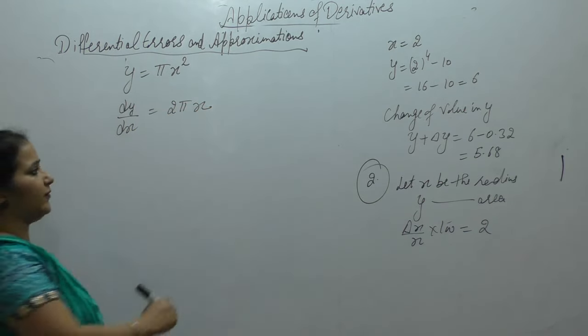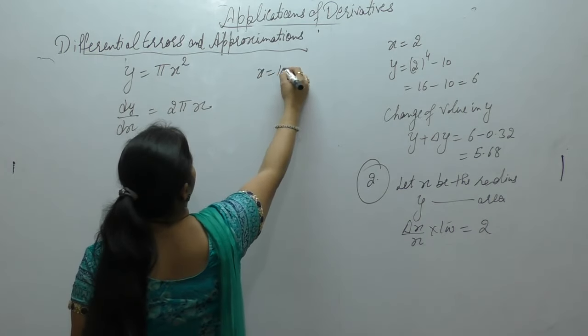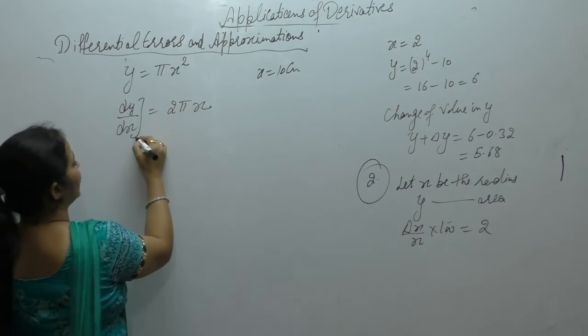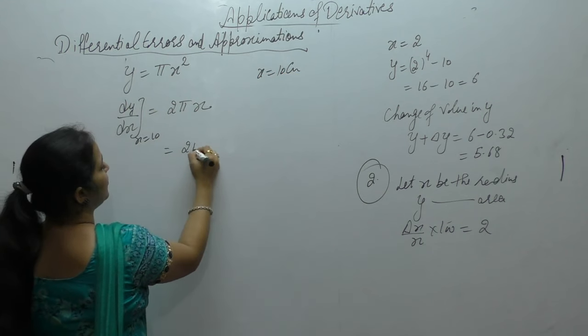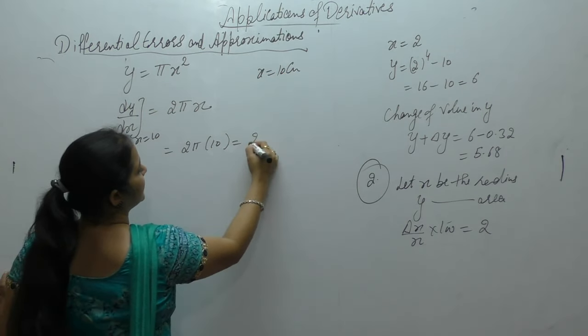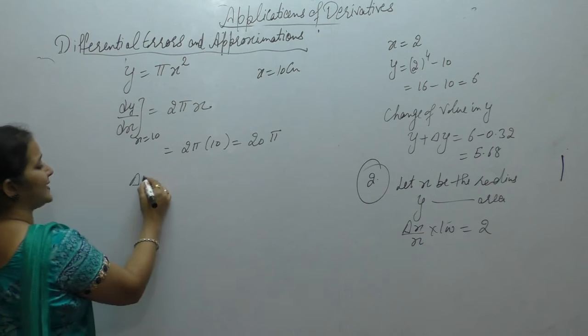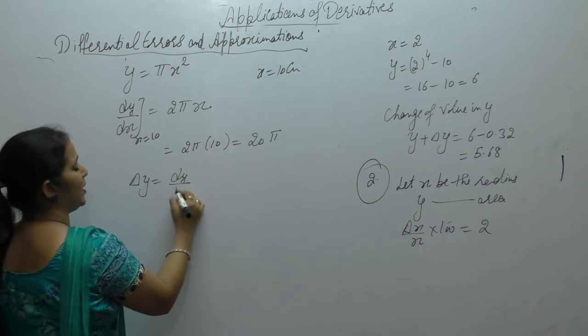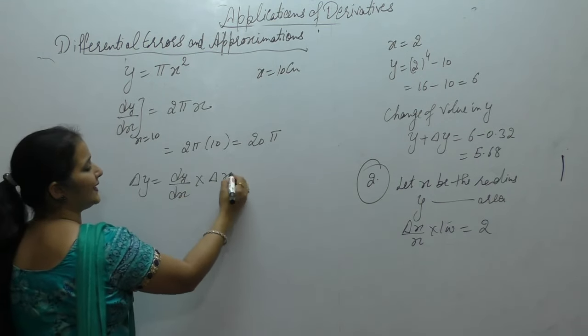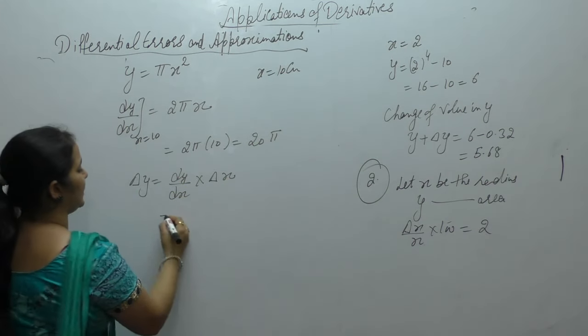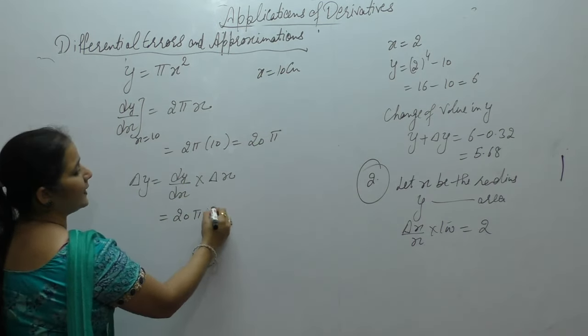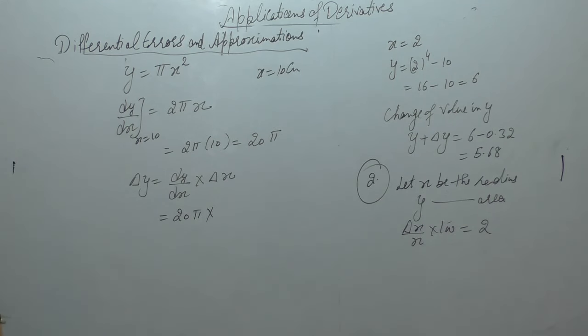Now what we have given? Radius of the plate before heating is 10. When x is equal to 10, then 2 pi into 10, 20 pi. What is delta y? dy upon dx into delta x. dy upon dx is 20 pi. Now what is the value of delta x?